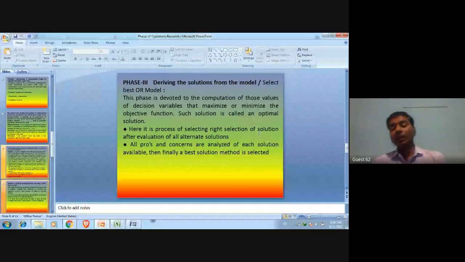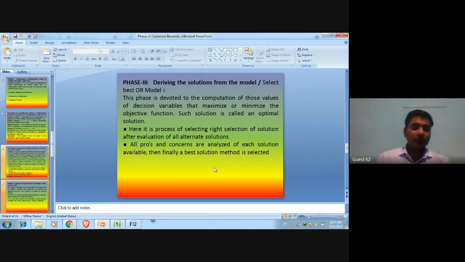Means I told you previously that it has some feasible solutions also. Then you have alternate solutions. You have to select the right solution for your problem. All pros and cons are analyzed for each level. Then finally, the best solution method is selected.